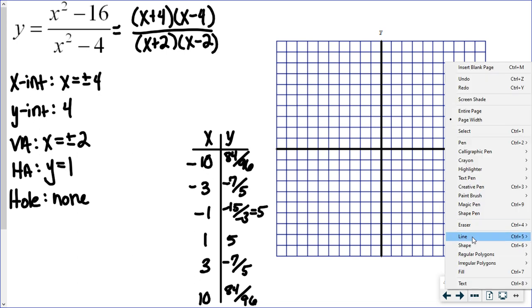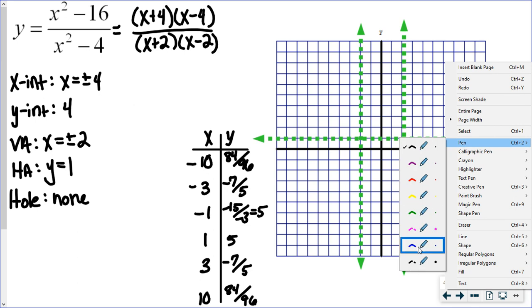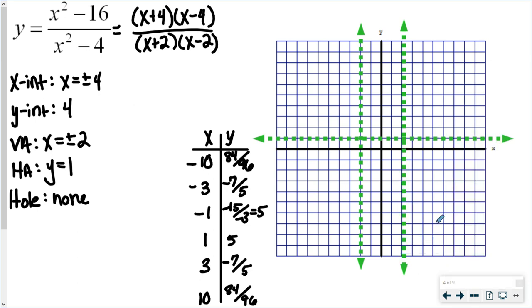All right, so now we can go ahead and put our asymptotes on here. We have vertical asymptotes at negative and positive 2, and we have a horizontal asymptote at 1. Put all of our points on here. We get x-intercepts at negative 4 and positive 4. We've got a y-intercept of 4.